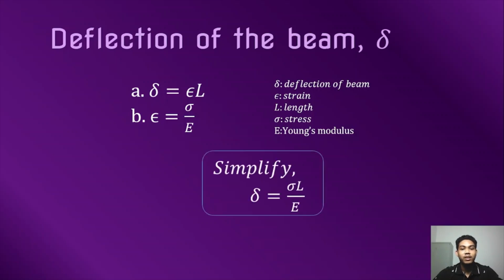We simplify the equation and we get the deflection of the beam equals stress times the length of the bar divided by the Young's modulus of the bar.